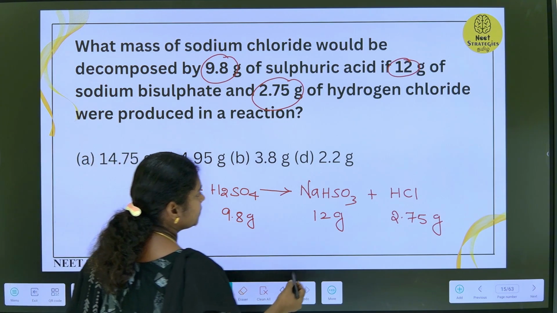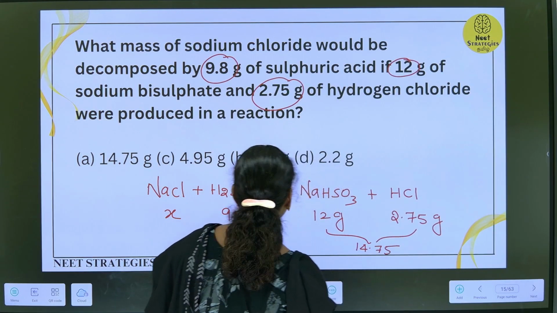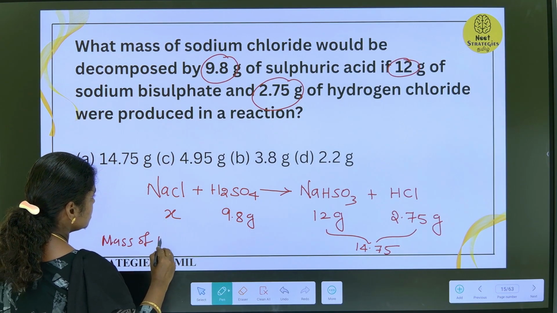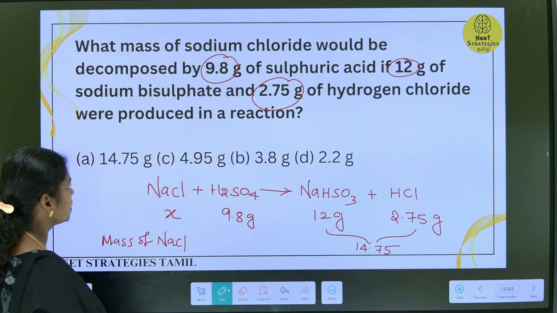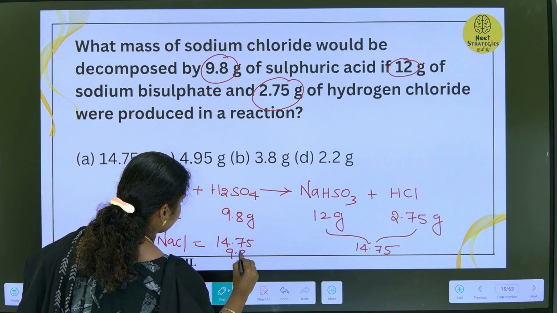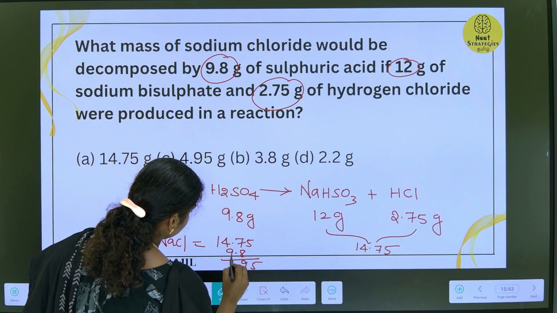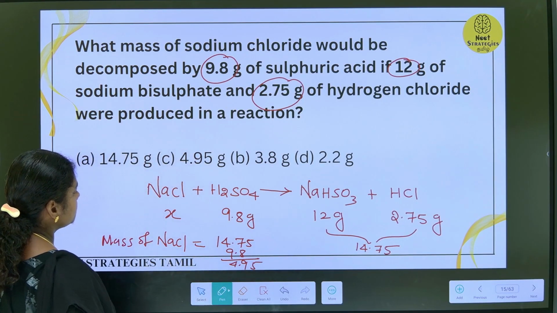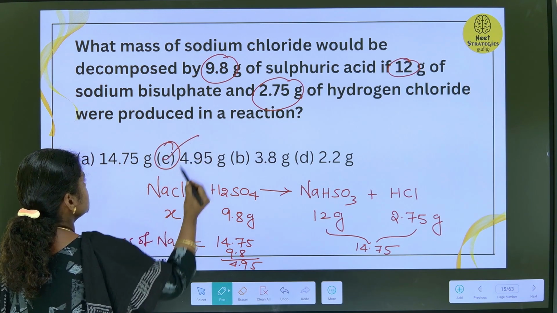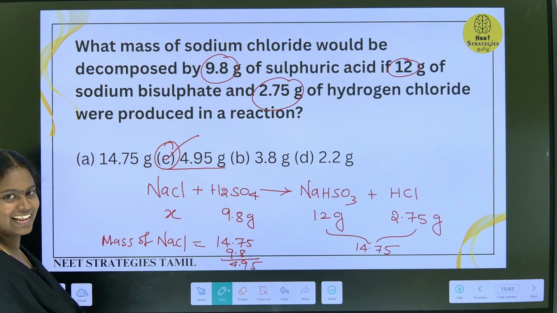Check this: if you add these two, we will get 14.75. Okay, 14.75. They ask for the mass of sodium chloride, that is what they ask us. So 14.75 minus 9.8, how much will it come? 4.95 remaining. The right answer is 4.95, so option C is the correct answer.